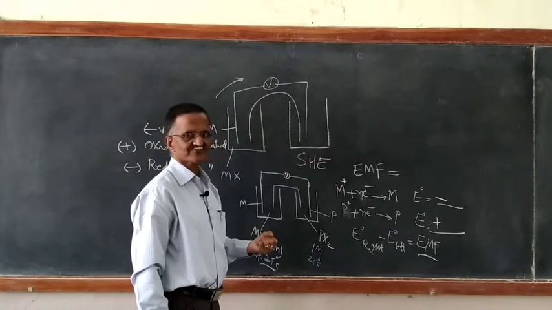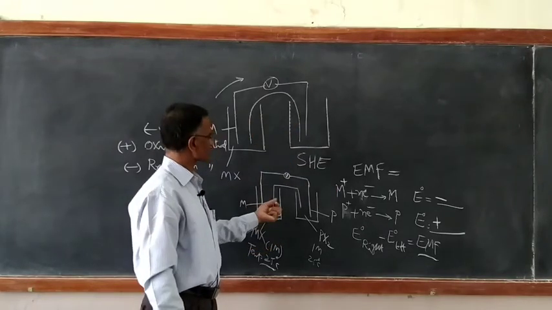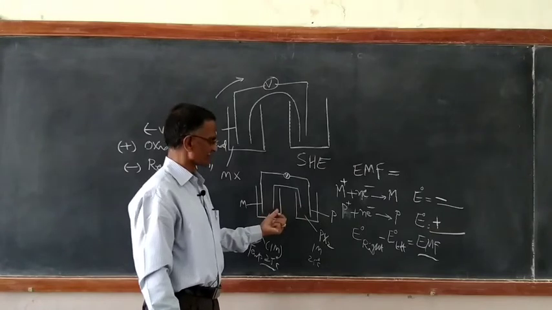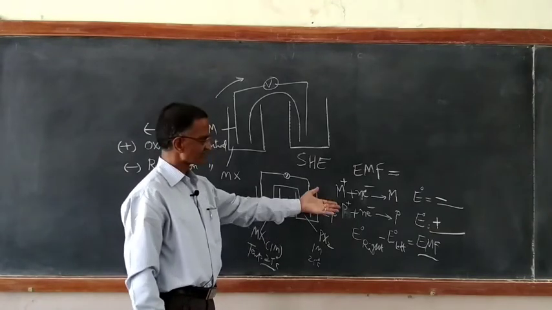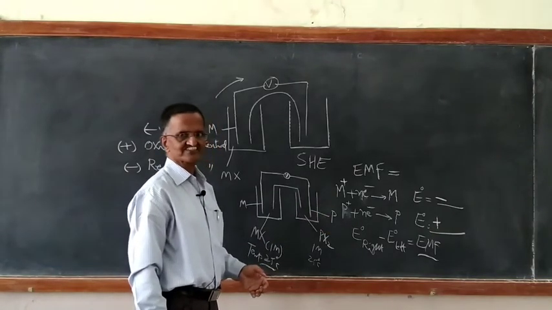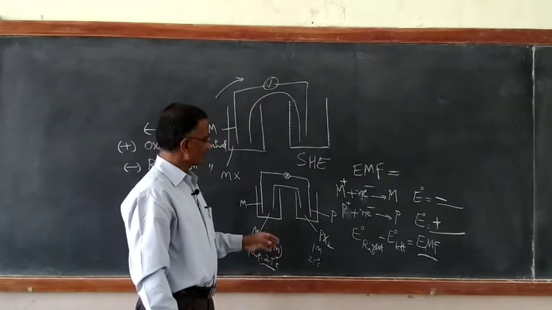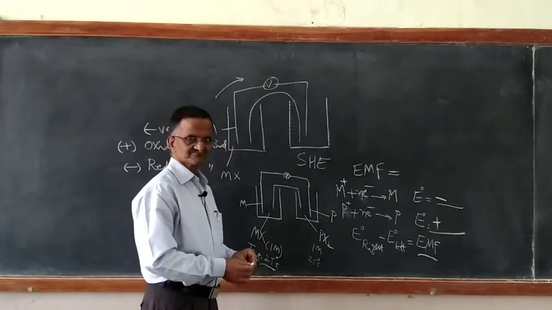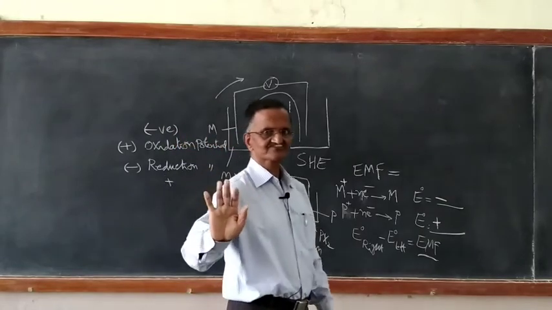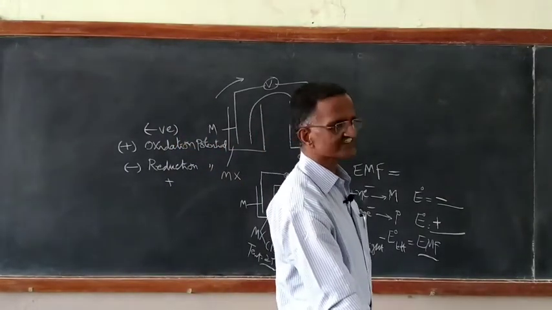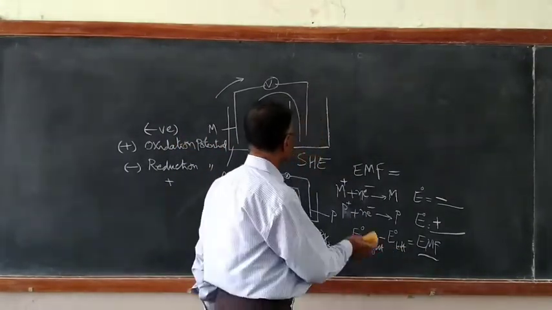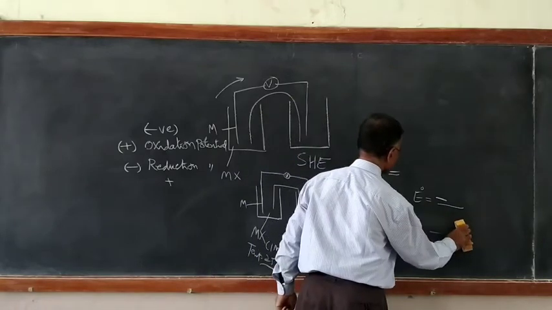Those values I have with me. So by making use of those values, I am in a position to calculate the EMF of the cell. Suppose in the examination, the value is given in a different way.